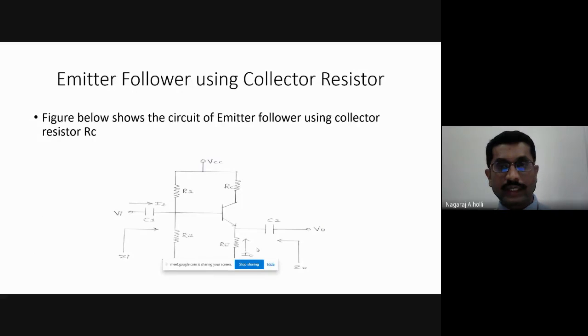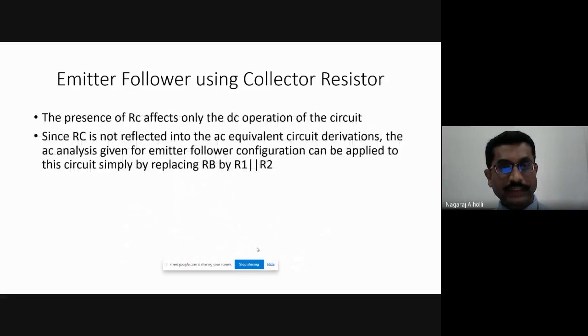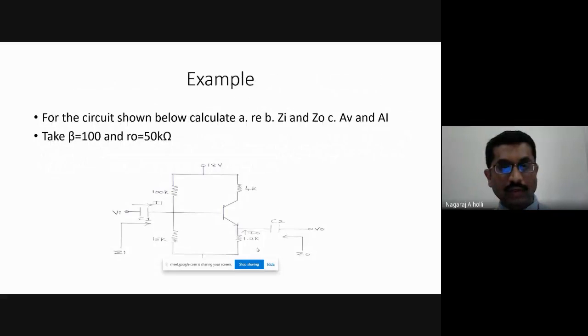Then the emitter follower using collector resistor RC. We discussed that RC does not affect AC analysis, but it affects the DC analysis. Again, we can obtain the equations just by replacing RB by R1 parallel R2 in this circuit also. And we have solved one example on the emitter follower using collector resistor.